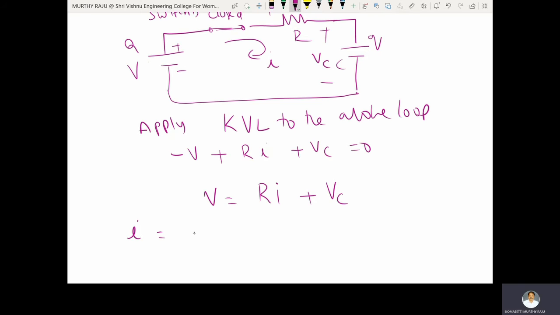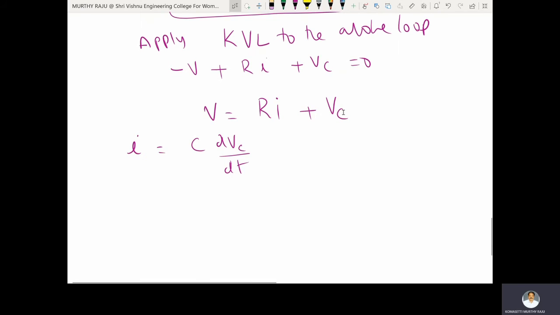We know that I is equal to C into dV by dt, but V here is VC, so I is equal to C dVc by dt. Substitute this I value in the above equation. V is equal to R into C dVc by dt plus Vc.